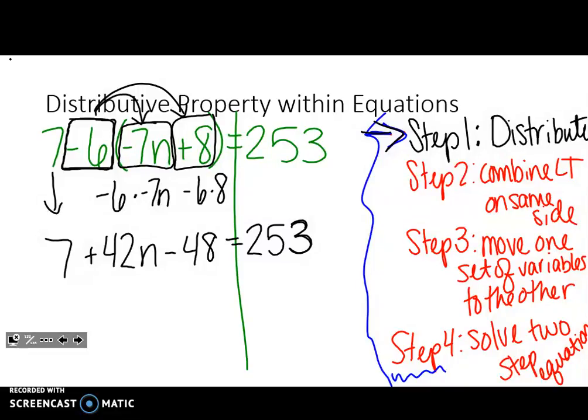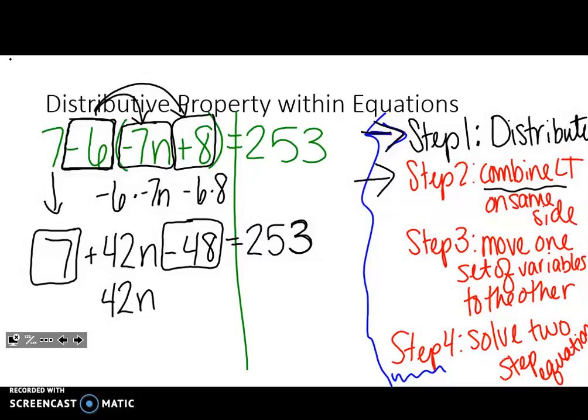So I've completed step 1. So now I'm going to move to step 2, which is to combine like terms on the same side. So over here on the left-hand side, we can combine the 7 and the negative 48 because they are both integers. So 7 minus 48 is negative 41. There isn't variables on both sides, so I'm going to skip step 3 and move back down here to step 4, which is to solve my two-step equation.